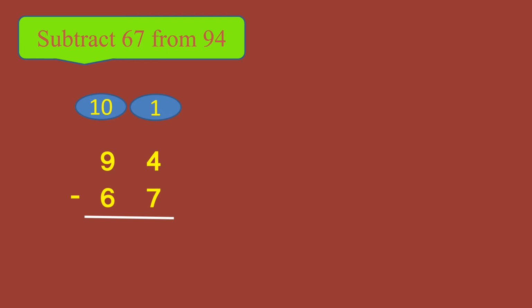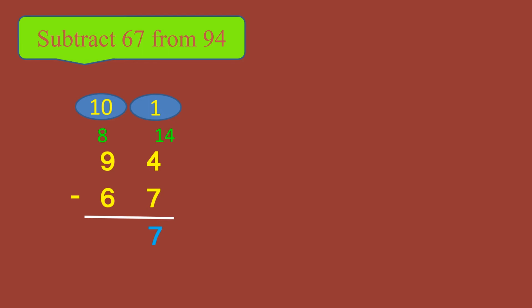So the tens place digit is 9. So 9 is giving 1 to 4. So 1 from tens place to ones place, in a sense it becomes 10 in ones place. So 10 plus 4 is 14. 14 minus 7 is 7. Now only 8 remains in tens place.